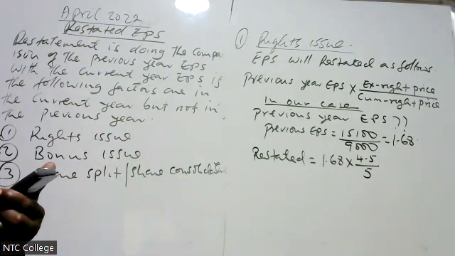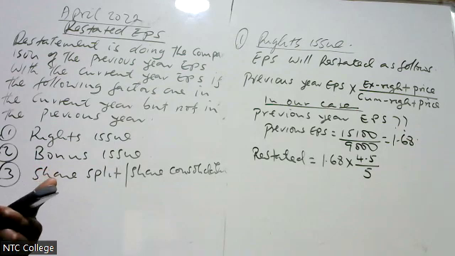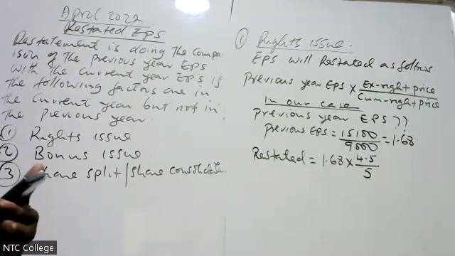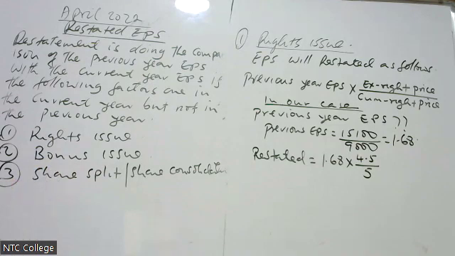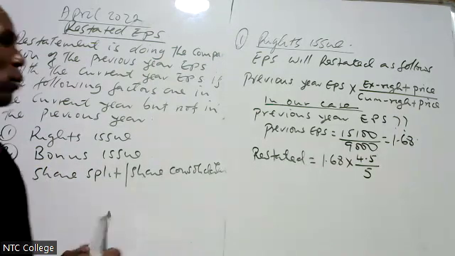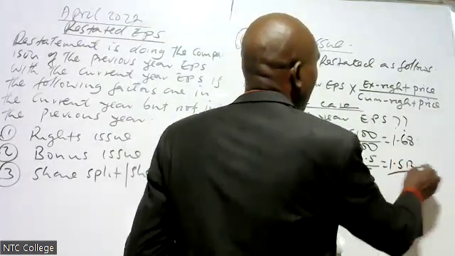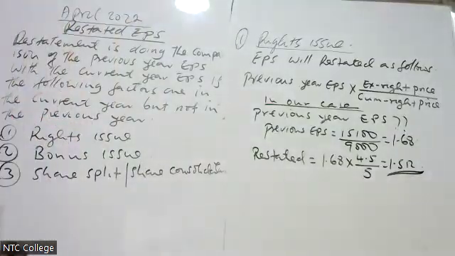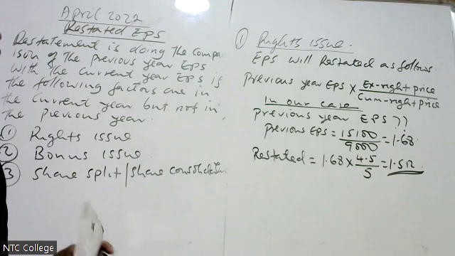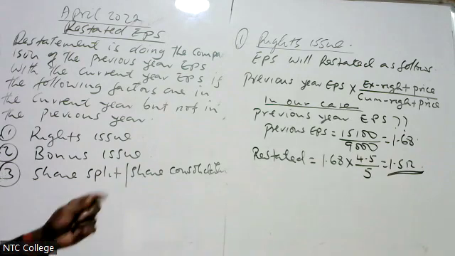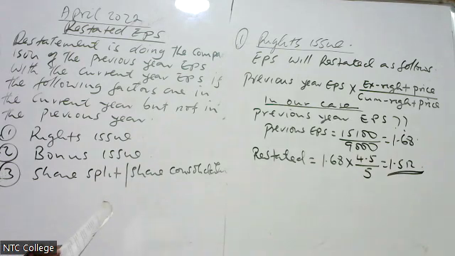I say 1.68 times 4.5 divided by 5. I'm getting 1.512. That is the restated EPS when we have the rights issue. That is how you restate your EPS.